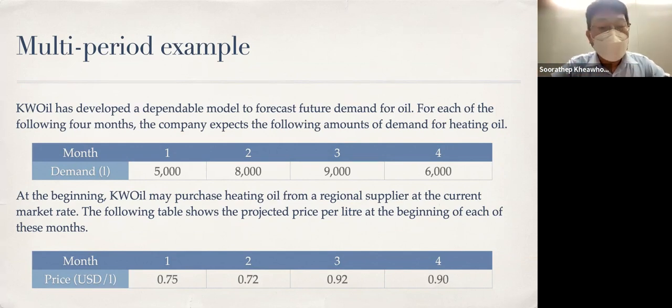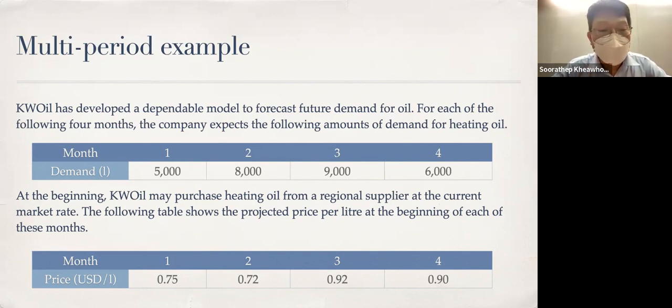Okay, we go to the example first. For this example, we have KW Oil, a company. KW Oil has developed a dependable model to forecast future demand for oil. You see that this company already has a model for forecasting the demand of oil, right?